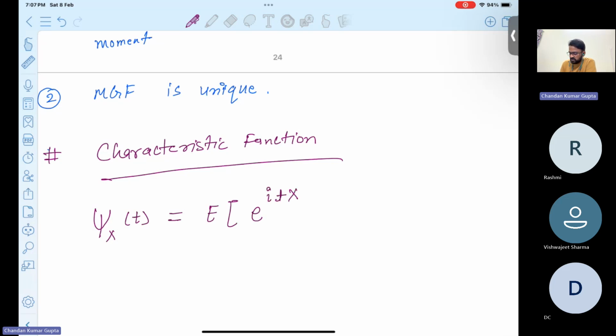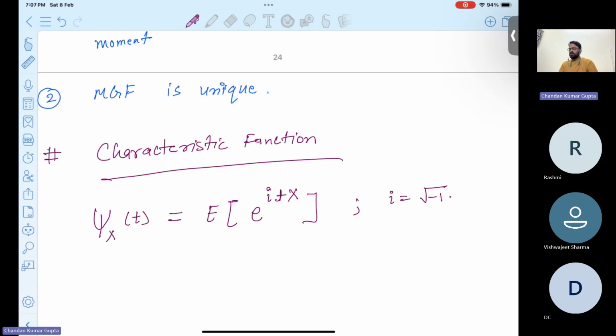The moment generating function is defined as the expected value of e to the power tX, and the characteristic function is defined as the expected value of e to the power itX, where i is nothing but iota, which is i equal to the square root of -1.